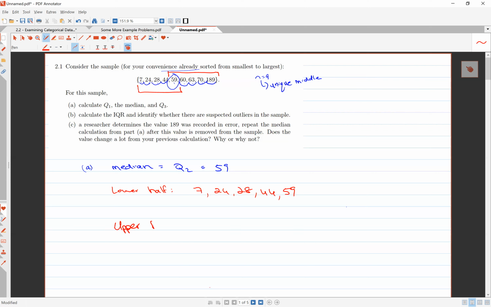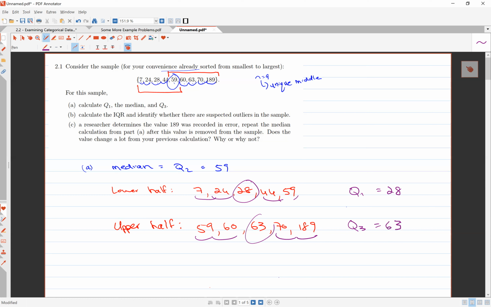And if I talk about the upper half of the data, it will be all the values starting at and including 59. And now we just find the midpoint again in each case. Q1 is the middle value 28. Q3 is the middle value 63.